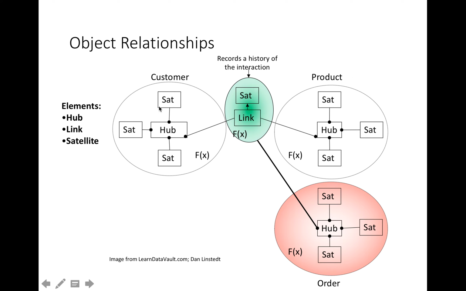The customer has a hub and three satellites, and the product has its own hub, also with three satellites, and they are linked by a link: which product was bought by which customer in which order. The order is again its own hub with its own satellite. The link satellite would have the order information, like what a customer ordered on what date.